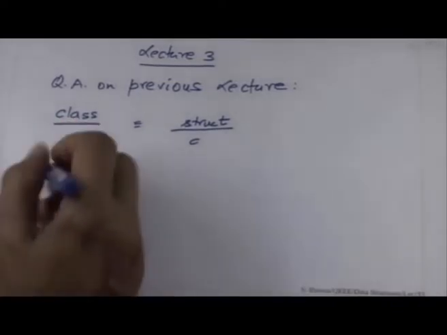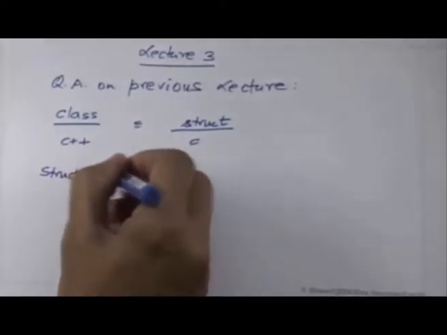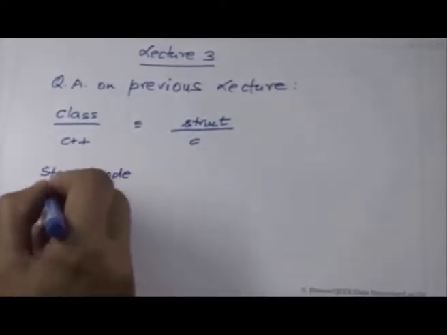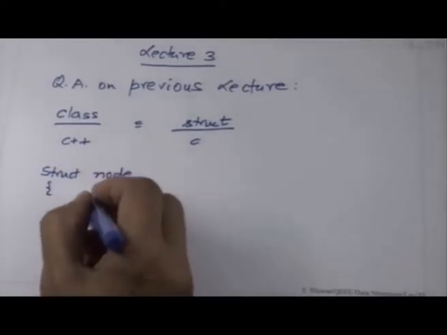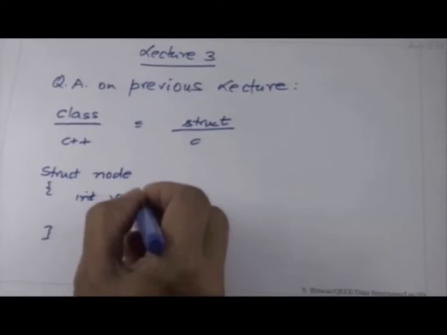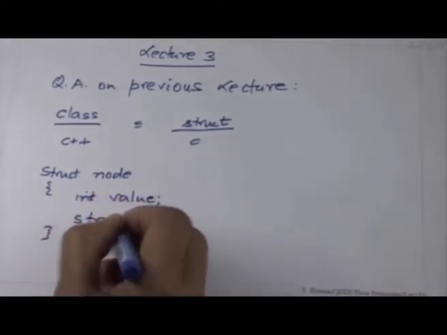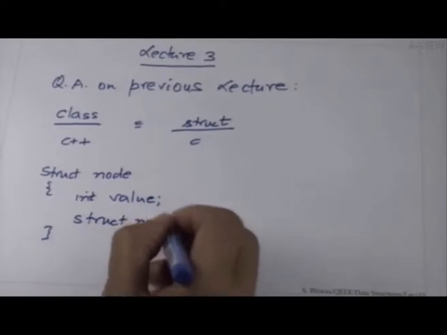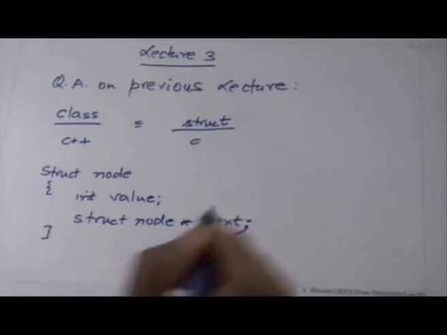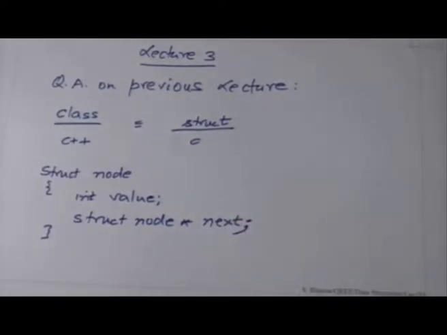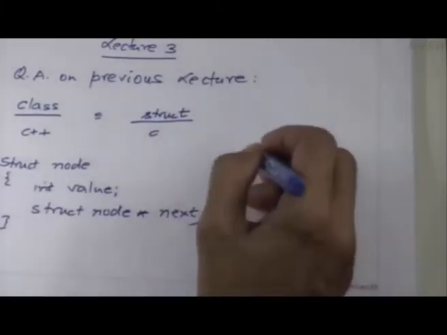For example, if you write struct node instead of class node, and define the value and the pointer field, something like int val, depending on what you want to store in the list, and struct node star next, this is how an element of a linked list is created. I've just replaced class by a struct.